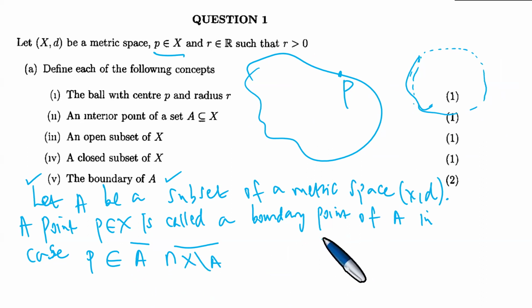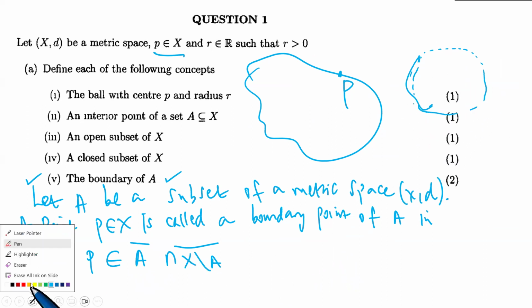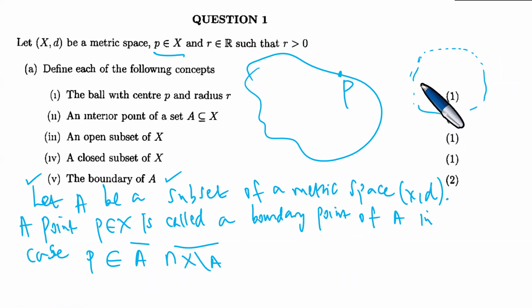If you speak of the boundary point, you must take the closure, because an open set does not contain its boundary, like a dashed boundary. So we take its closure. The closure is a formal definition.